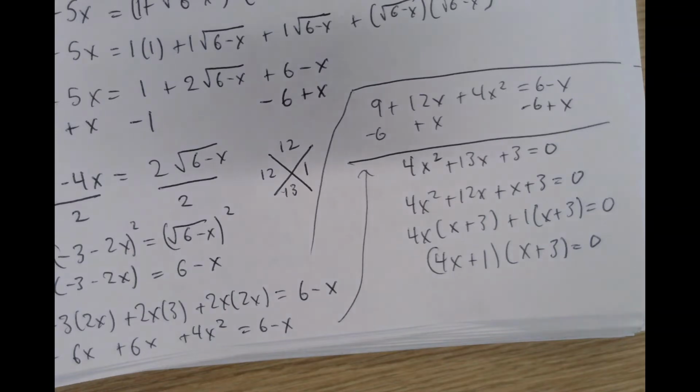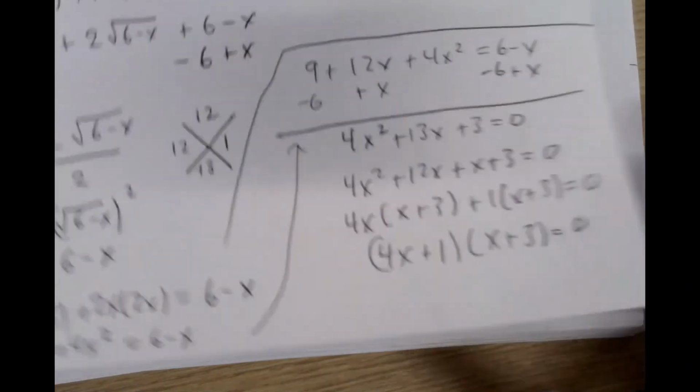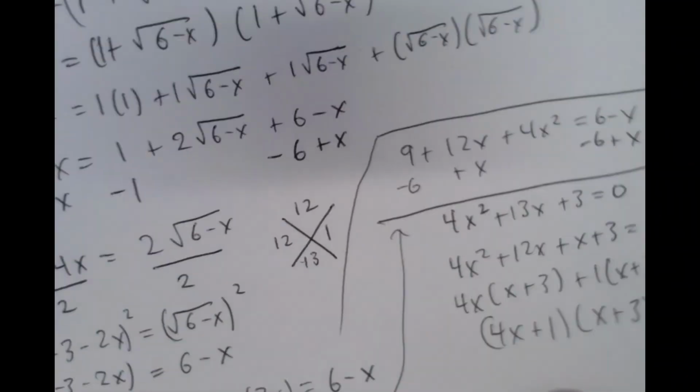Okay, so if we were to factor by the X box method, then you can see here, let's move this up. Let's do 12, 1, 13, 4x squared, x plus 3 equals 0.